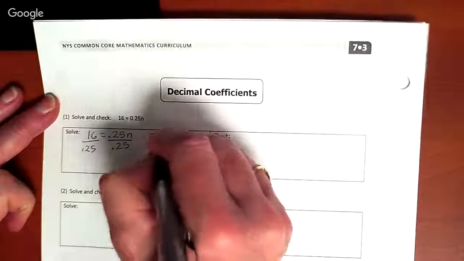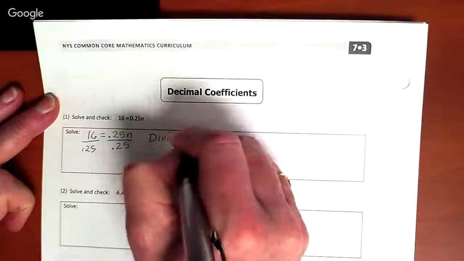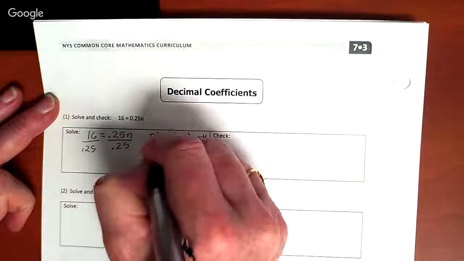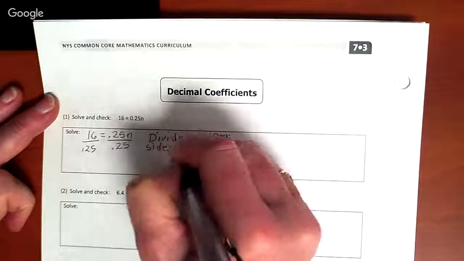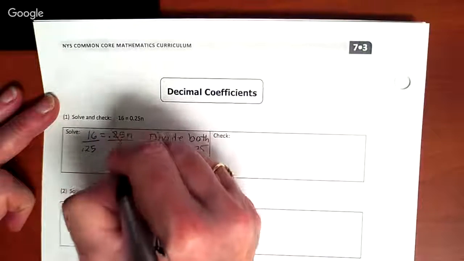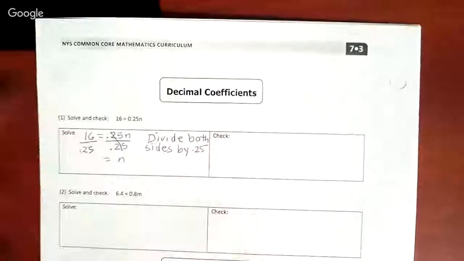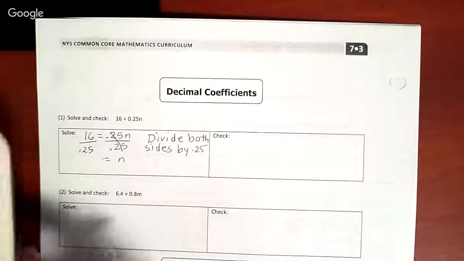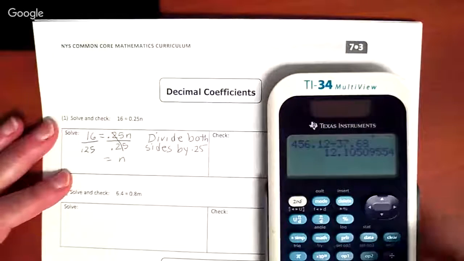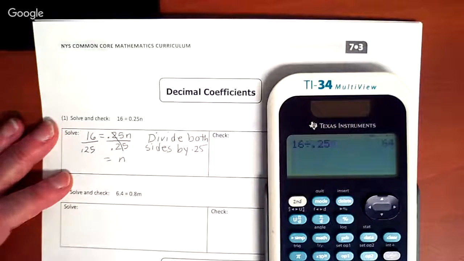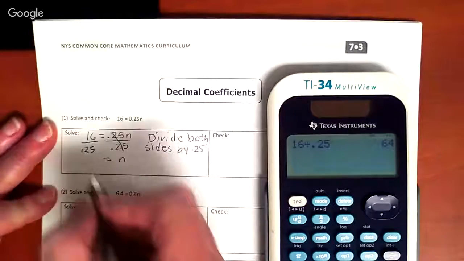So we have n equals, I'm going to need my calculator for this one. 16 divided by 0.25, and we got 64.